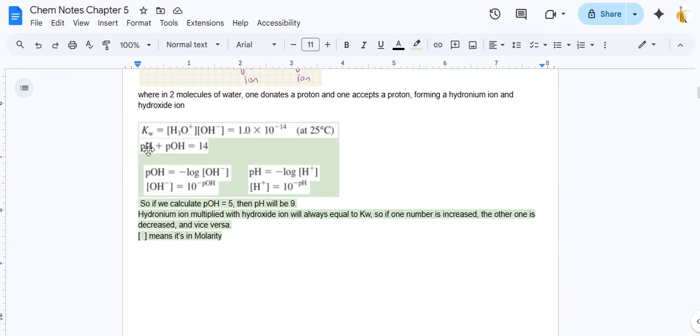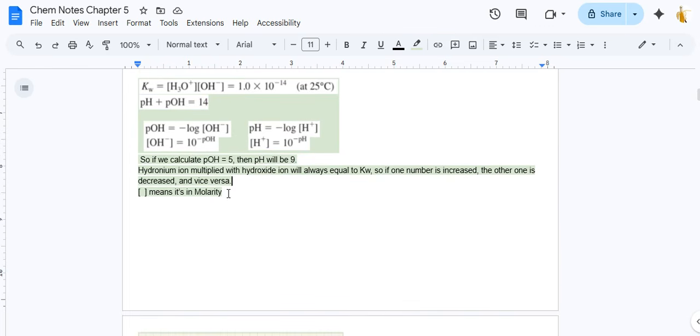So if instead of being 9, it was 12, this would be 2. And same thing here. If one goes up, the other one goes down. This is what this here says. So it's just a relationship that you should know.